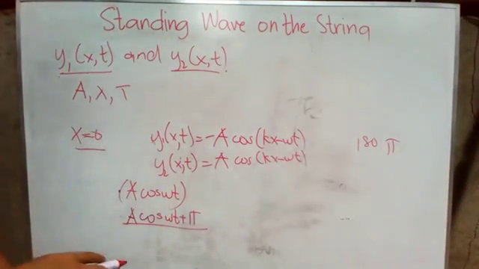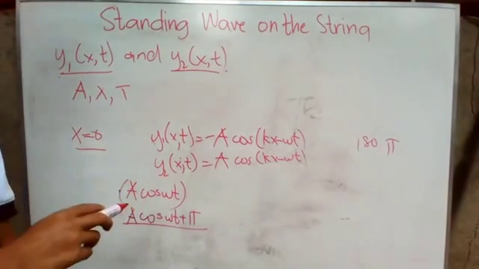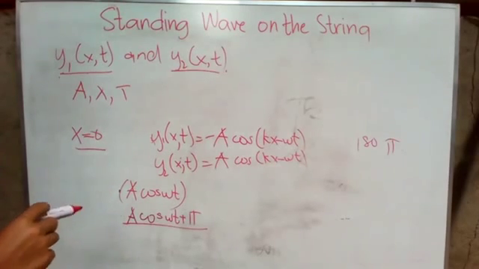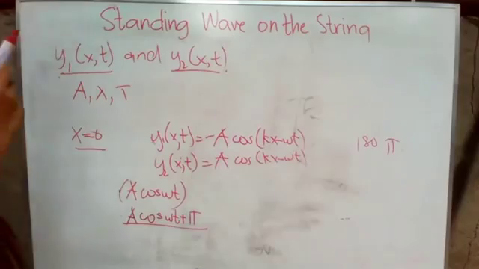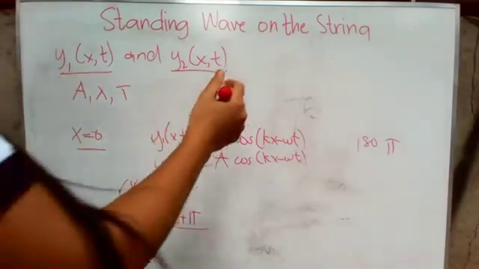This is the wave function of a standing wave, the sum of the sinusoidal wave functions. We have y as a function of x and t equal to y sub 1 as a function of x and t plus y sub 2 as a function of x and t.